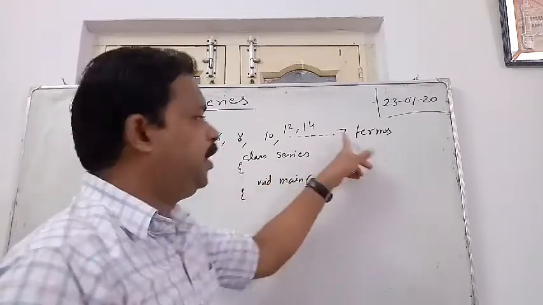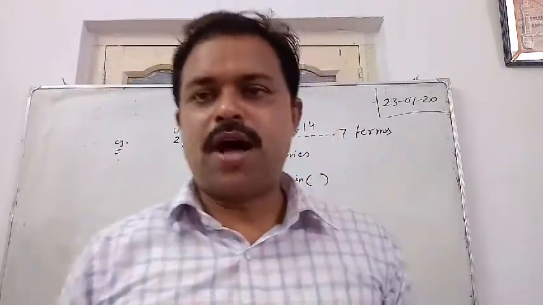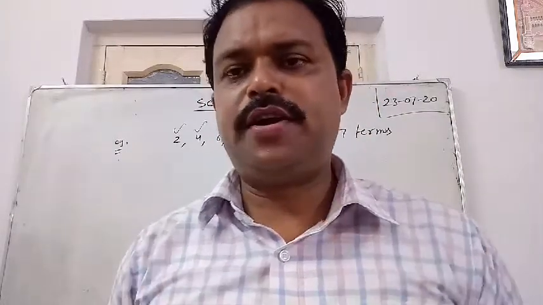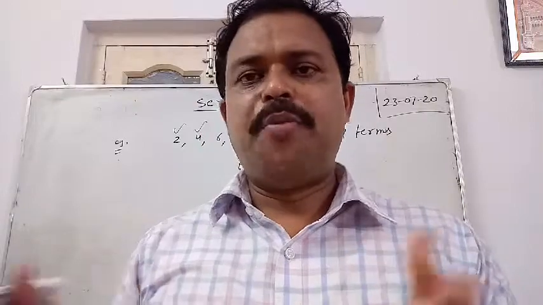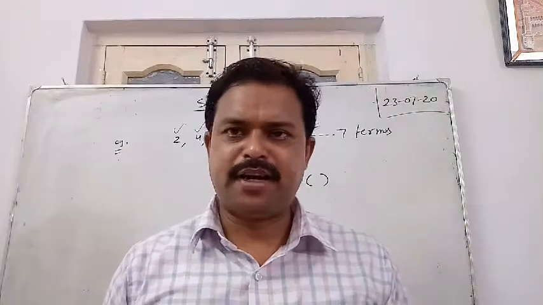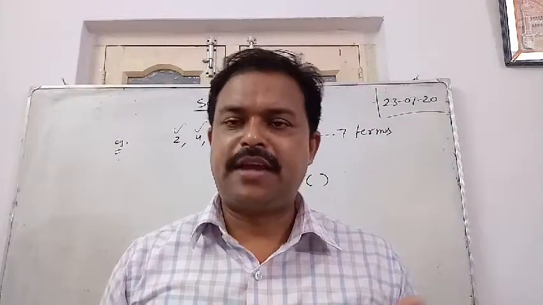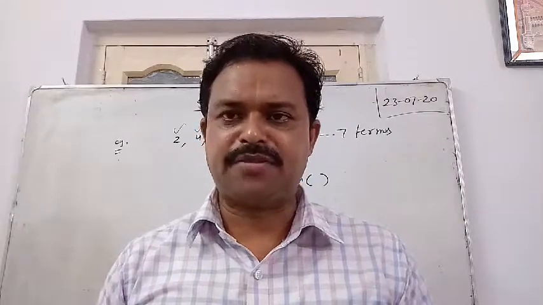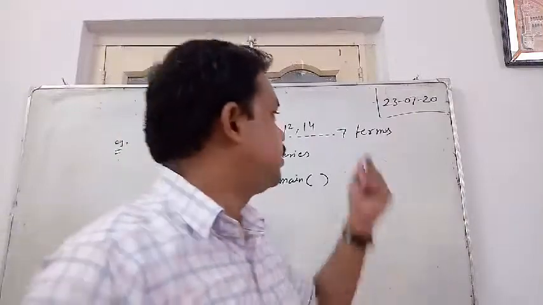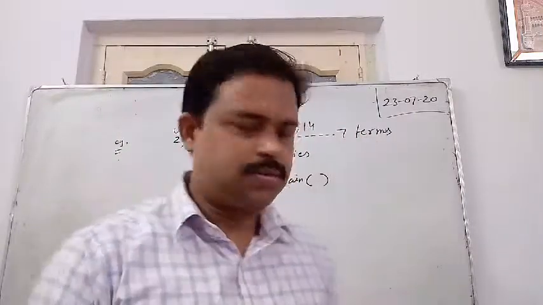Since I was told to print only 7 terms, no need to ask the number of terms from the user. The user will not decide how many terms you want to print, because the examiner has already told that you have to print the 7 terms only. It can be 10 terms, it can be 20 terms, so you have to print only 20 terms, not more, not less. But at present my question is that you have to print only 7 terms.